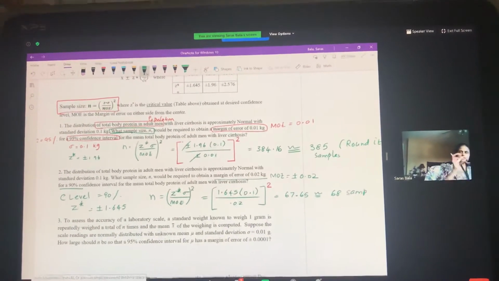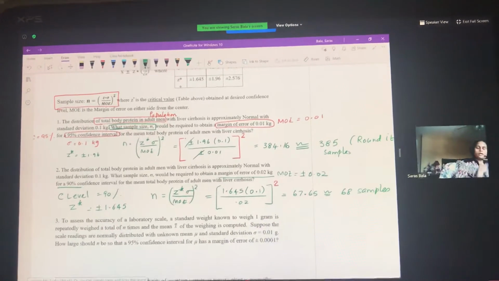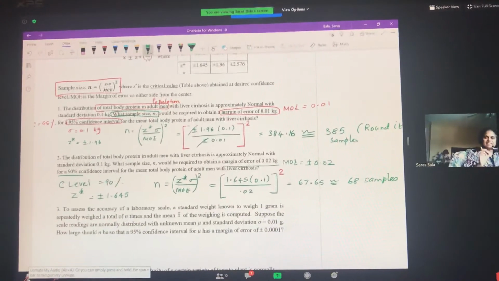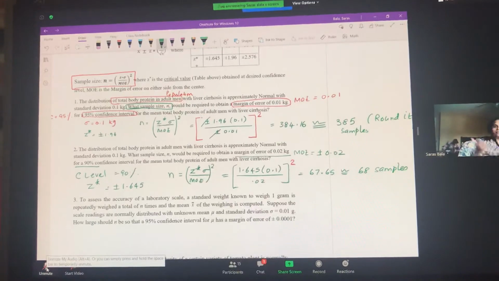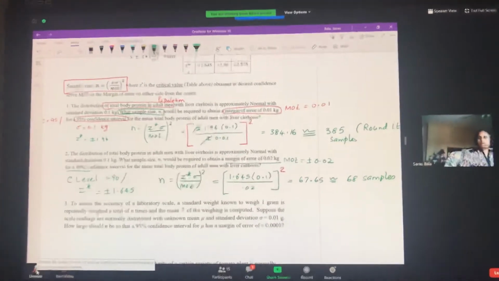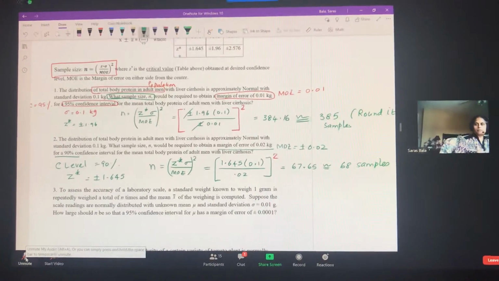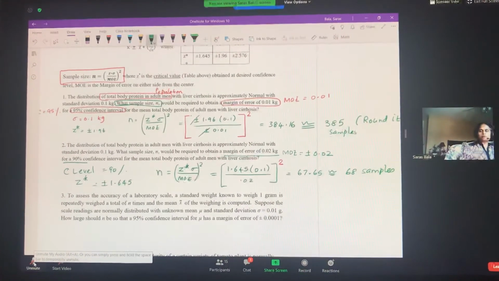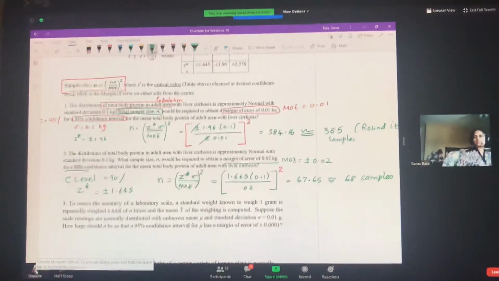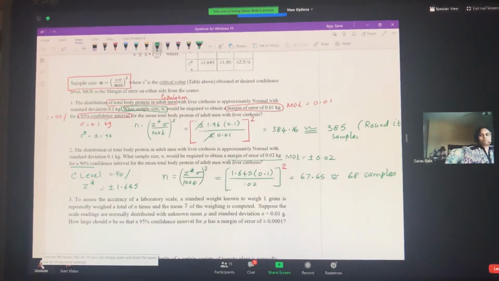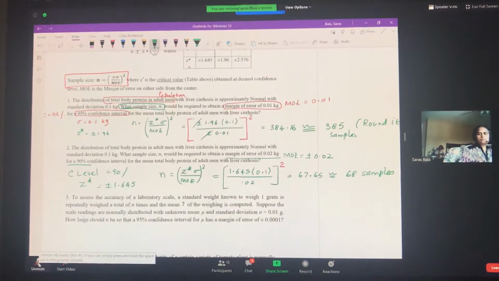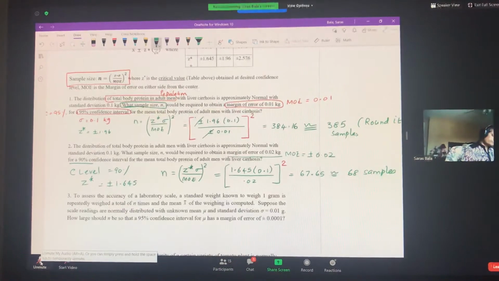So what you see, just about 0.01 increase in the margin of error, your sample size goes down drastically to 1/5, which is around 68 samples.